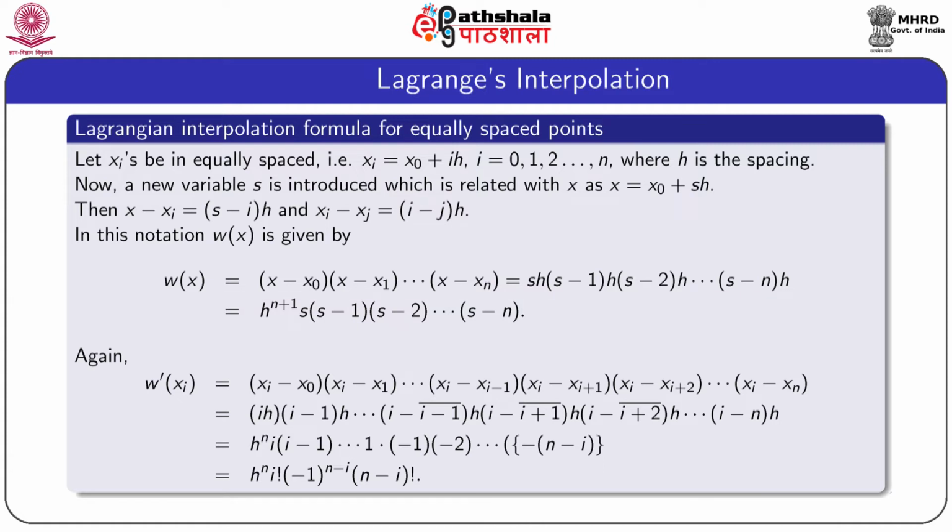After simplification, this expression reduces to h to the power n plus 1 into s (s minus 1) up to (s minus n). So, this expression is simpler than the previous expression.